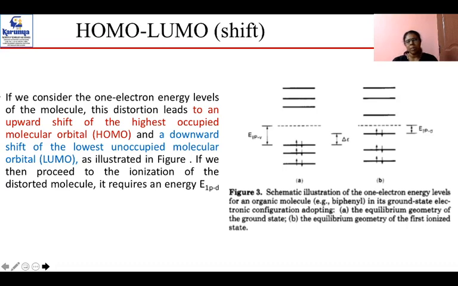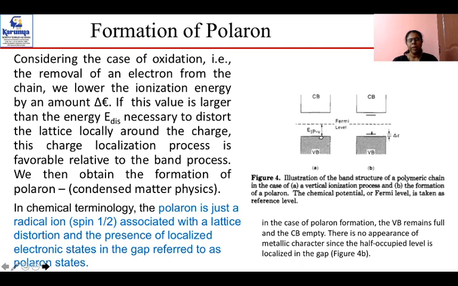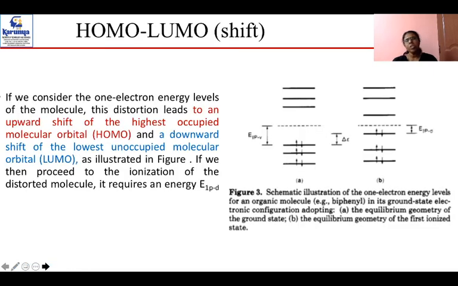That is, the bands come closer to each other. That's a shift in the conduction band because of the relaxation energy, E suffix REL from the previous slide, and there is a shift in the valence band, which is because of the distortion energy.